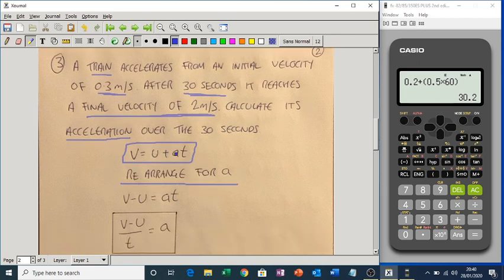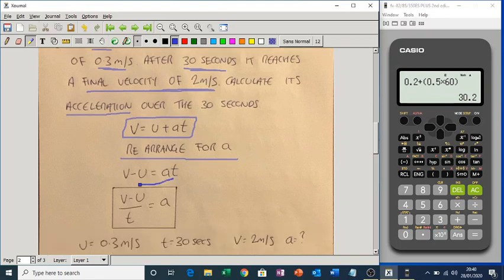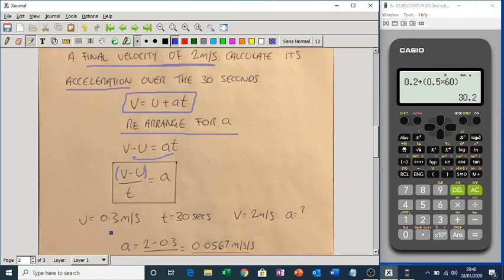So v equals u plus at, I'm going to bring this positive u across, so v take away u equals a times t. And then bring the t down there, so v take away u all over t is a. You could also put a bracket around there if you want to. v minus u divided by t equals a. u is 0.3, t is 30, v equals 2.